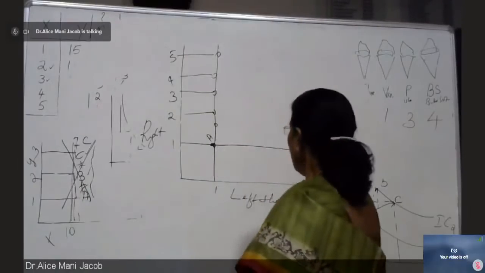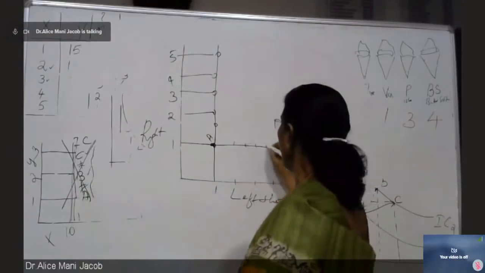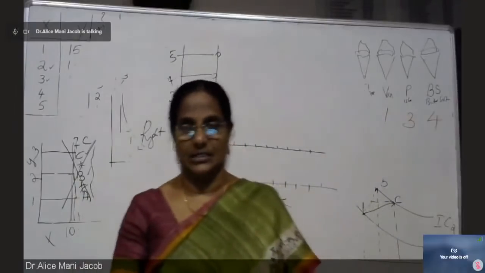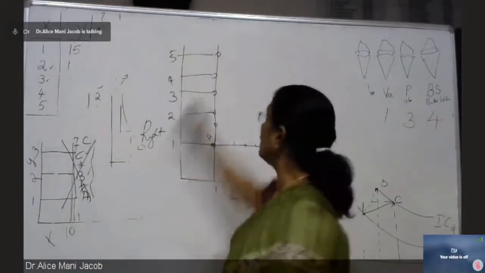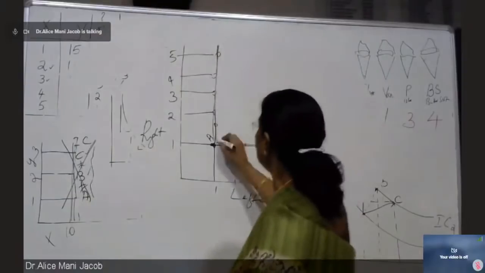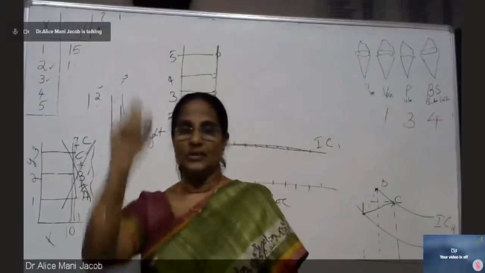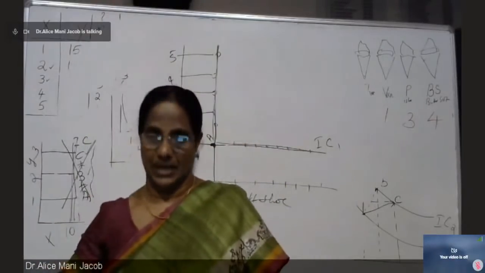Similarly, any number of left shoes added, all these points, you will remain at the same level of satisfaction. That means your indifference curve is L-shaped. Okay, 90 degree L-shaped. This is IC1. So for perfect complements, the indifference curve is 90 degree or L-shaped.